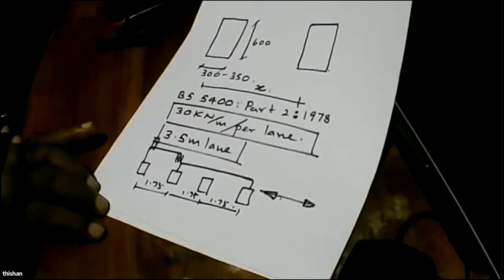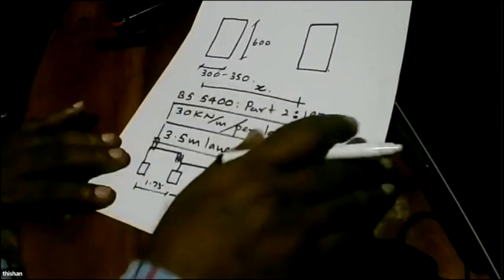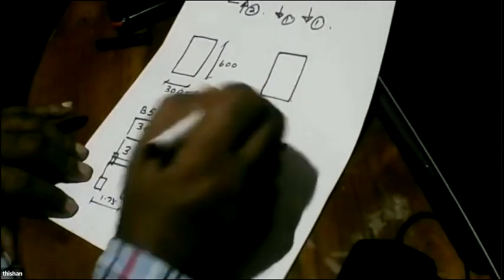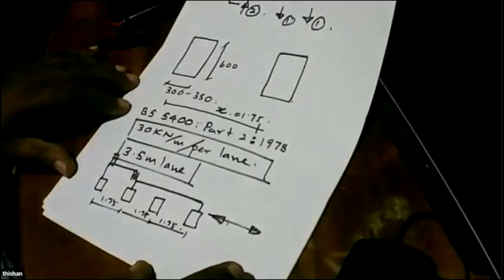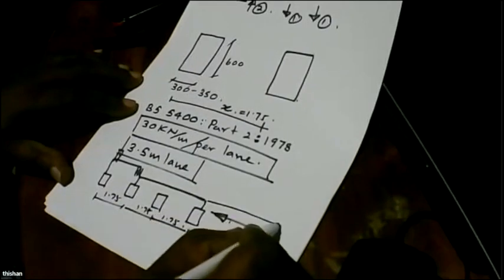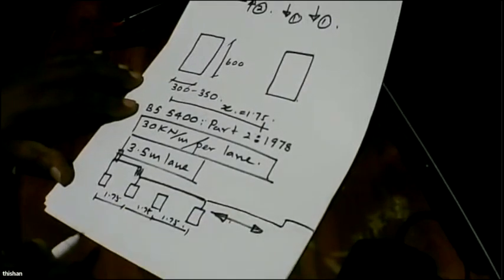So let's say we like this arrangement, and we have decided to go with this particular arrangement. That means X is going to be 1.75 meters. So we can have another lane here, and another pedestrian pavement.